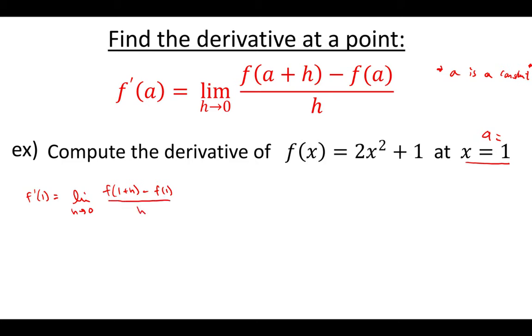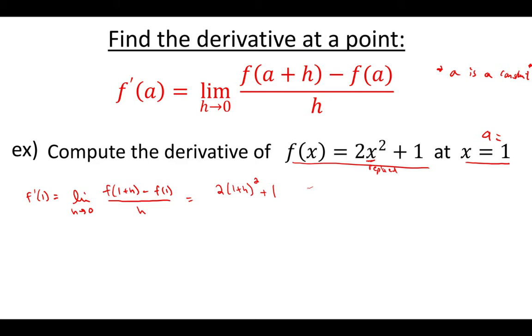And we've got to figure out how to solve this. Well, we're first going to start by replacing the f of things with what the actual function is, which is 2x squared plus 1. Now instead of f of x, we're replacing our x's with 1 plus h. So this is going to become 2 times (1 plus h) squared plus 1.